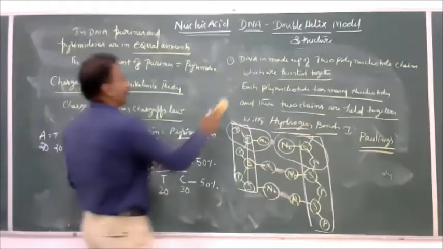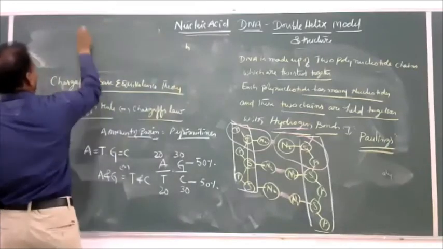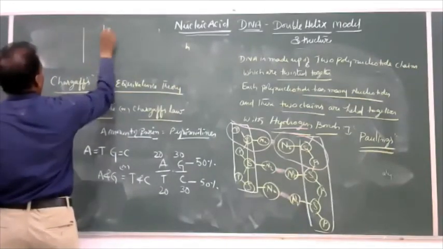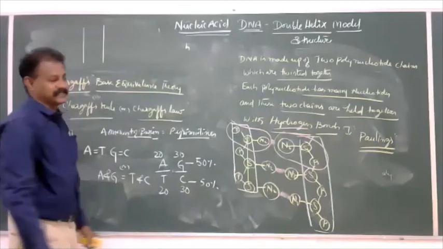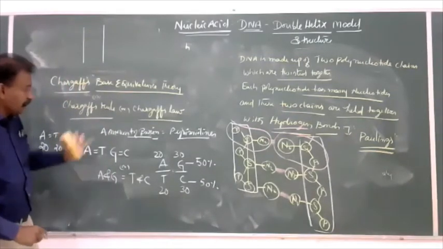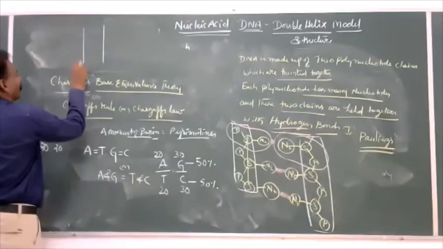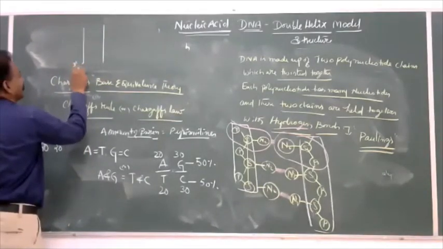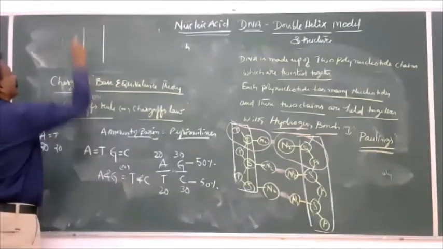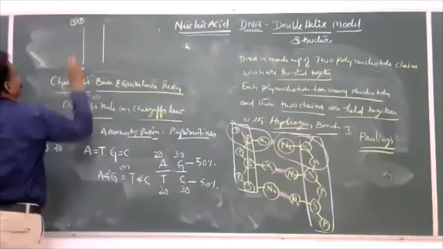For example, to understand this more clearly, there is some amount of DNA here. DNA is made up of 2 chains, and here the question comes, what do these 2 chains indicate? One chain always has a 3' OH group, and the opposite end has a 5' phosphate.